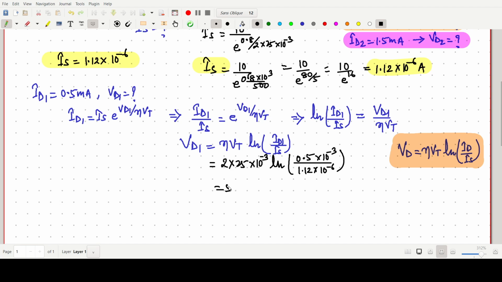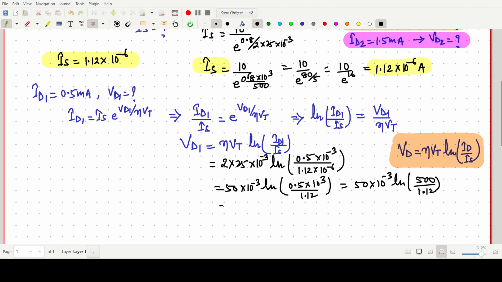So this becomes 50 into 10 to the power minus 3 ln (0.5 into 10 to the power 3)/1.12, or one more line, then 0.5 into 1000, which is 500, by 1.12.